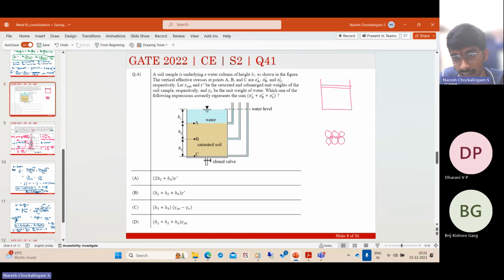In a saturated soil, the interstices between the particles are filled with water. And when we load this sample, initially, when you load it by some incremental stress sigma, at time t equal to 0, the entire force will be taken by the water. So when we load the sample, the particles will try to come close to each other.